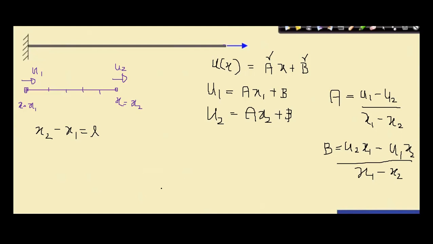Right, this is a very generalized expression, that's why I didn't set x1 as 0, right? If it is 0, then let it be 0, okay? But if you substitute these into a and b, you can write u(x), and I'm taking the u1 terms closer, right?